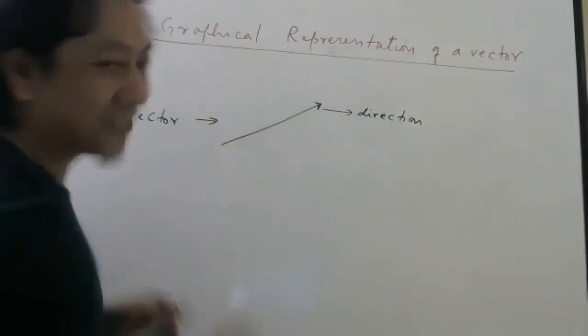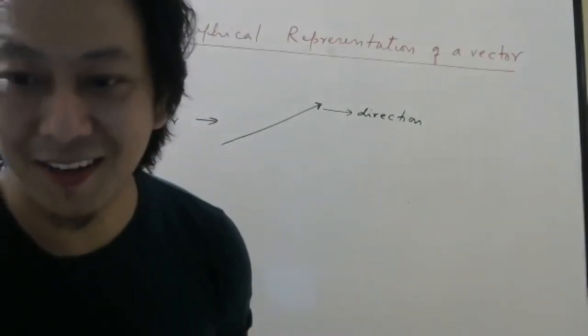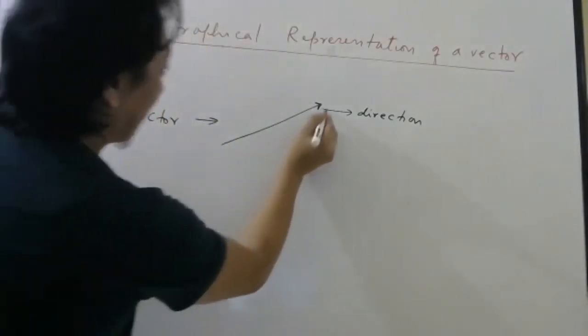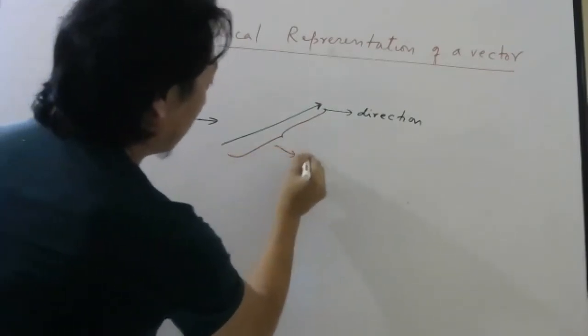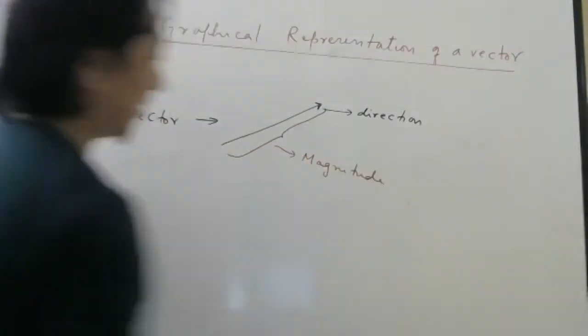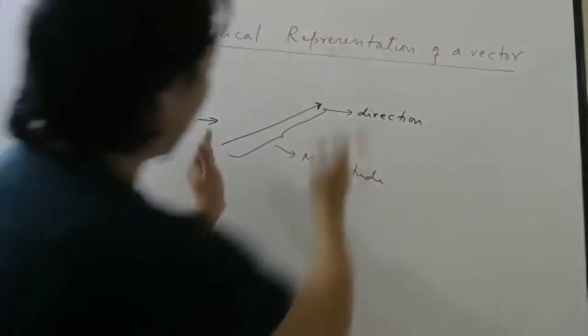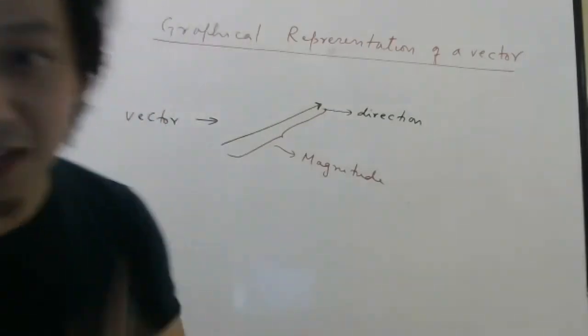See, every line has something, right? What is that? Yeah, Sanvi has told. The length of this line will give you the magnitude. The arrow mark will give you the direction.